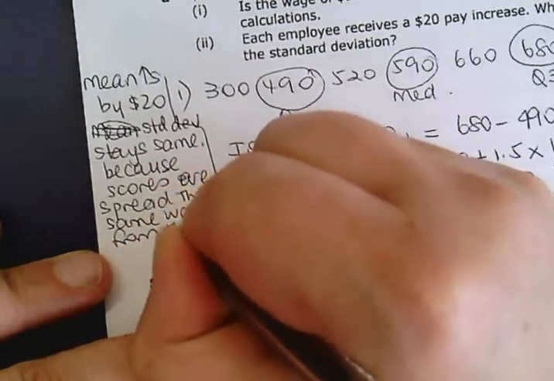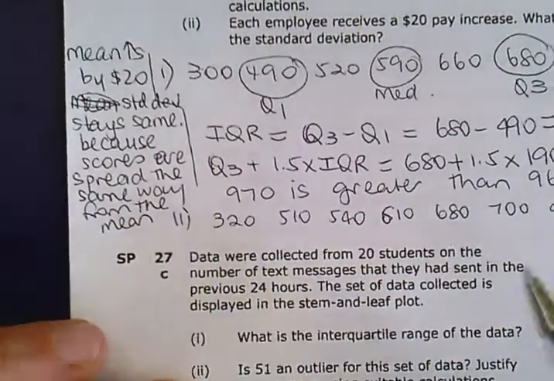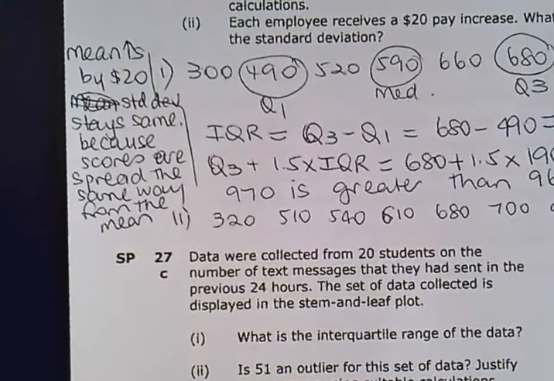Do you know what I mean? Okay? So the mean will increase by $20, but the standard deviation will stay the same because the scores are spread the same way that they were originally from the mean. It's still the same spread.